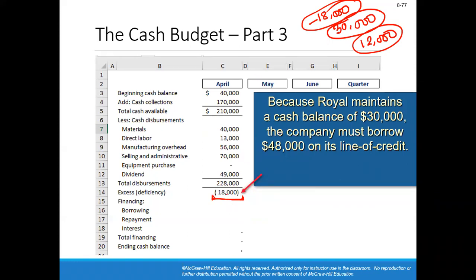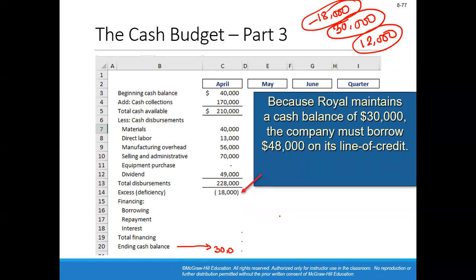So how is it 48,000? You see that you have to refurbish the 18,000 first. Now, if you refurbish it, then you add 30,000. Then you have the 30,000 cash balance. Otherwise, it is not possible. So you should have an ending cash balance. Let me write here first 30,000.